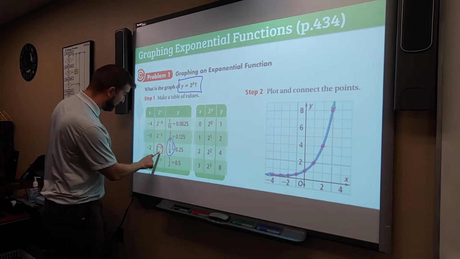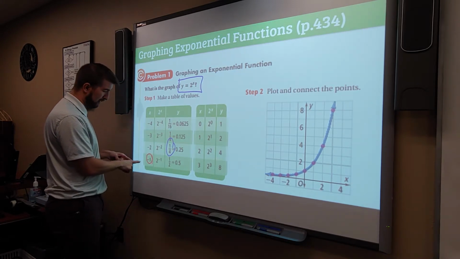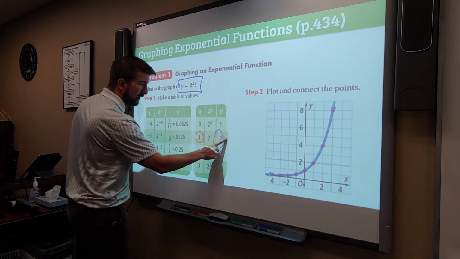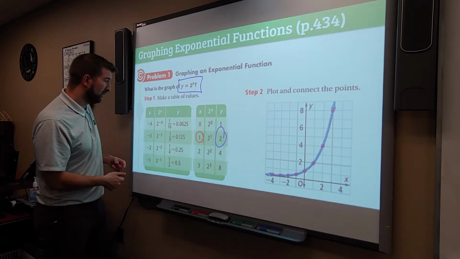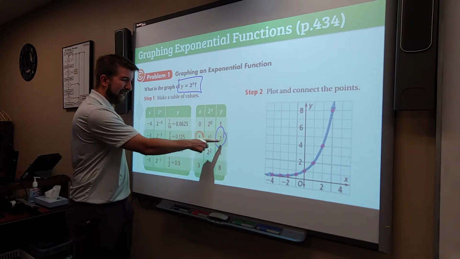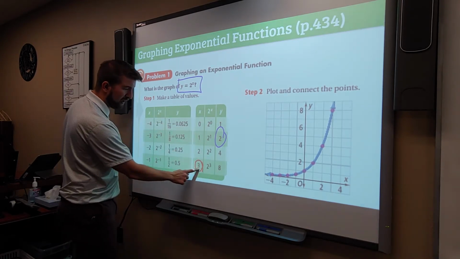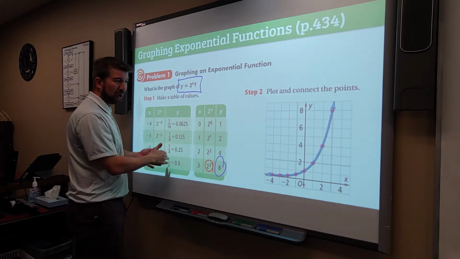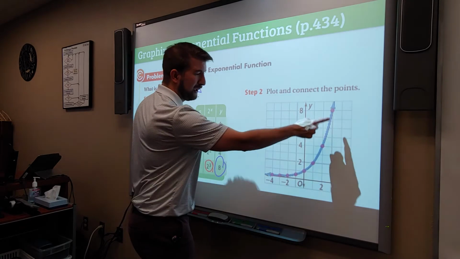Now notice, as this number is increasing, we go all the way over here to 1. Notice the y value is also increasing. So we went from having a very small decimal to now we have 2. And then by the end of it, when we plug in 3, we have an 8. To represent this on a graph, you would just plot each point.